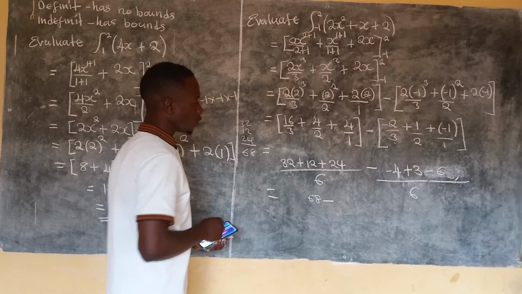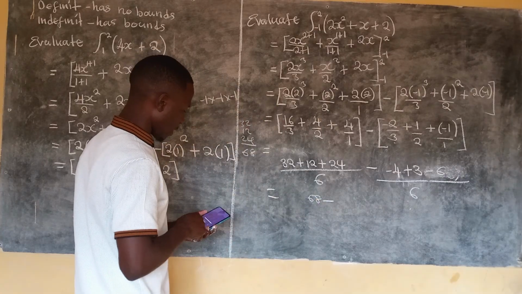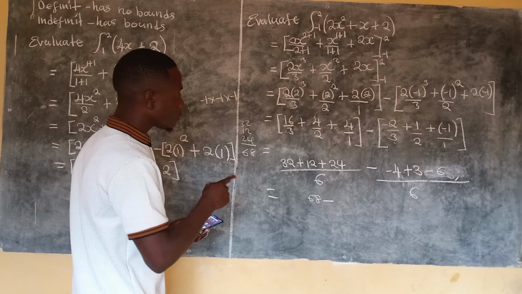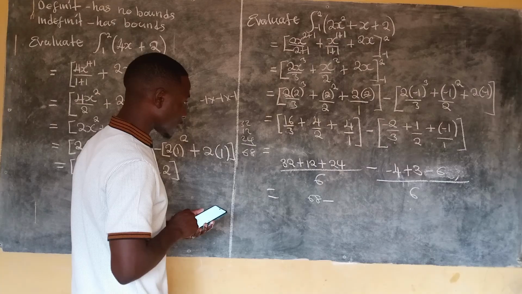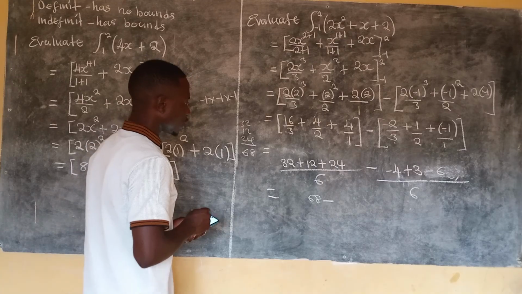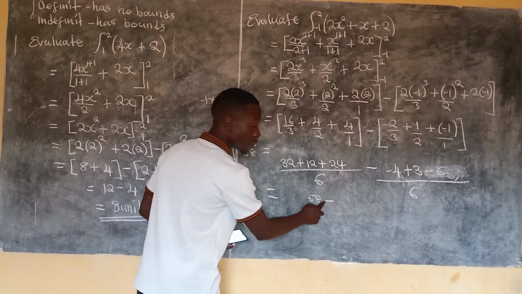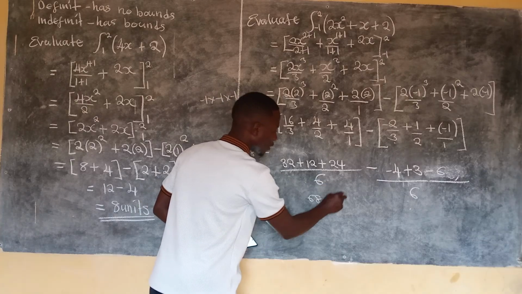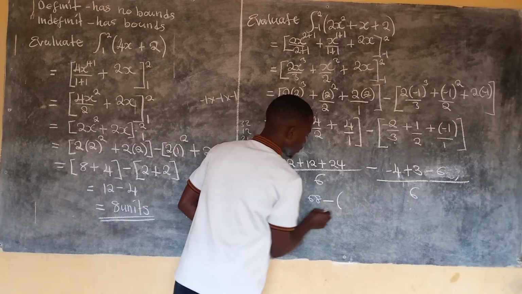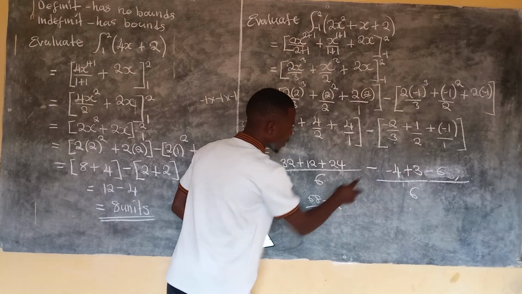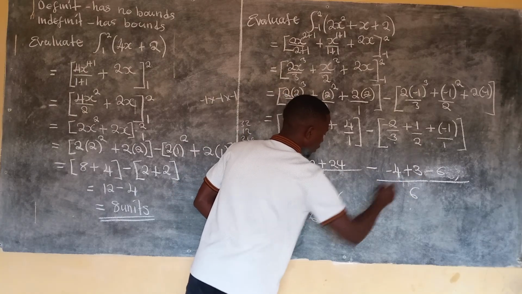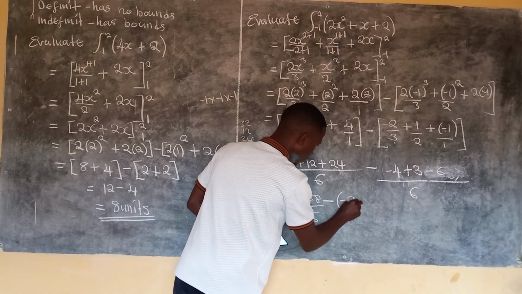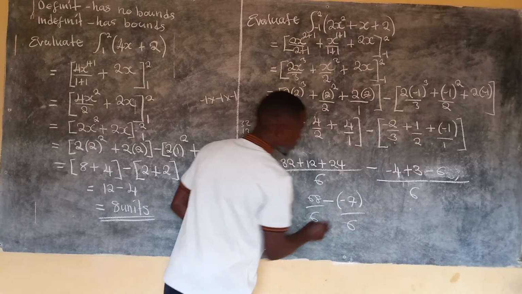Minus, now let's do that one, where we have minus 4 plus 3 minus 6. When I did the calculations, it gave me a minus 7 over 6.